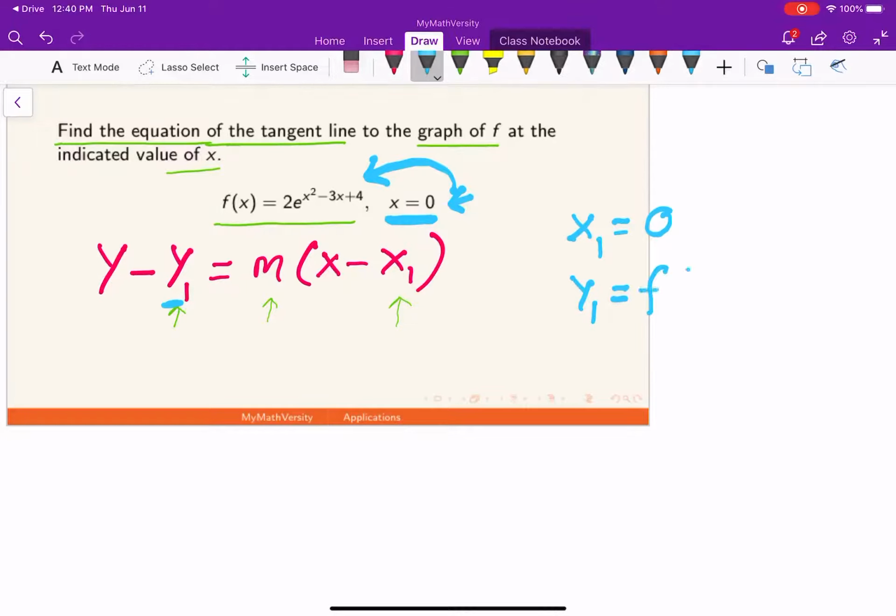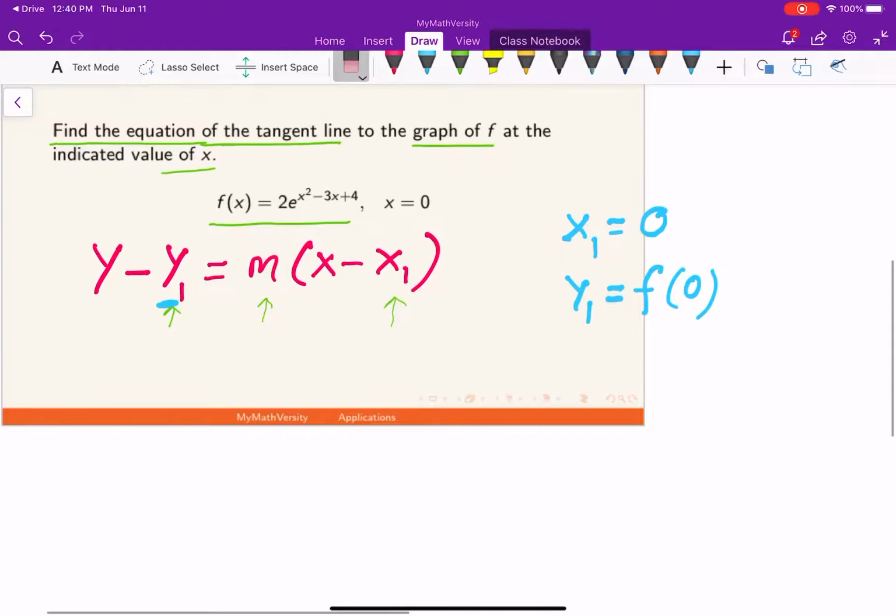So we just need to find the value of the function at 0. The function is 2 times e to the power x square minus 3x plus 4. To find the value of the function at 0, we need to replace x by 0.